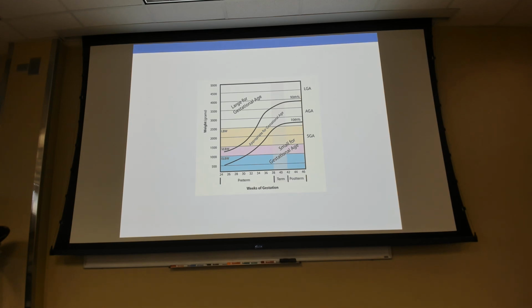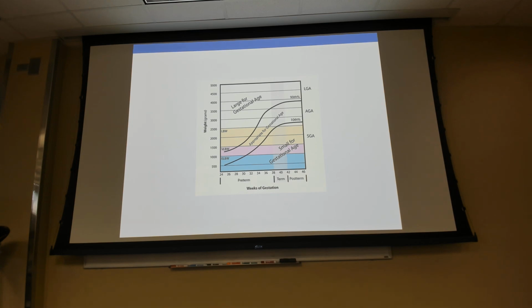Along this right-hand side, you are looking at 3 different things. LGA means you are large for gestational age. In the middle, AGA, you are appropriate for gestational age. And then guess what SGA is? Small for gestational age, correct. Based on your number of weeks, where do you fall inside those black lines, or do you not? Okay, so that is your first thing.